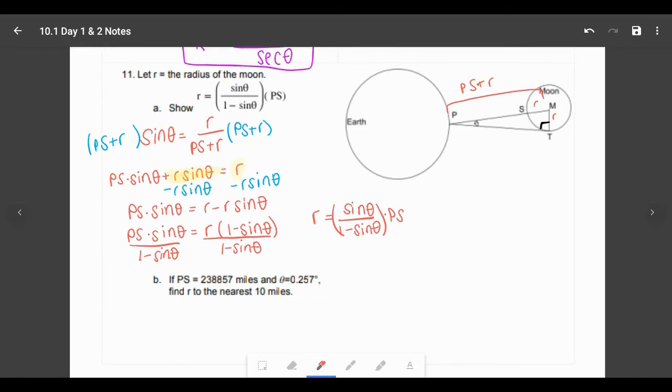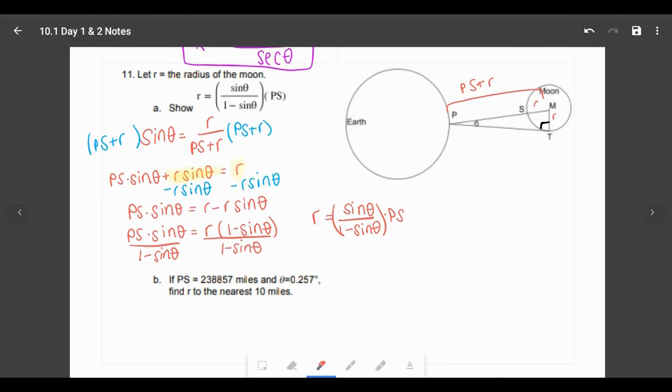Now, for part B, it's telling me, what if the length of PS was this big number and my theta was this very small angle? What should r be to the nearest 10 miles?